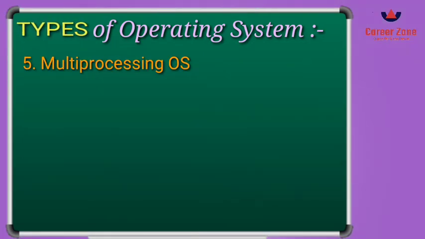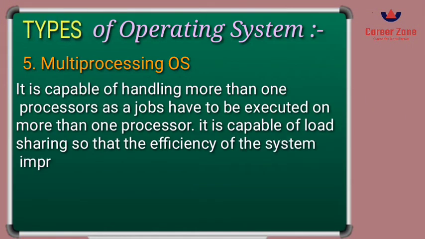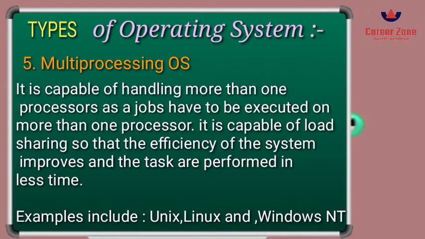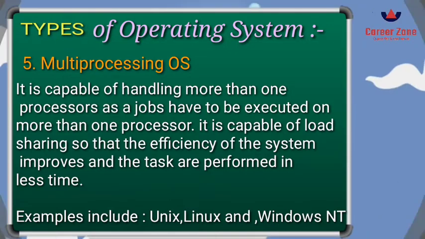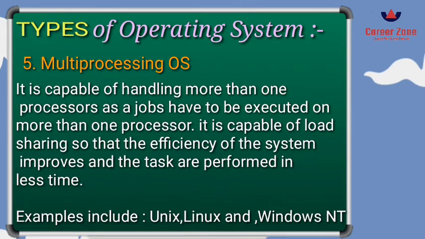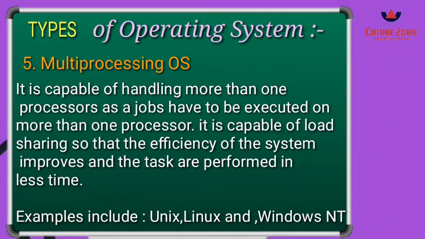The fifth one is a multiprocessing operating system, where the operating system is capable of handling more than one processor. There are many kinds of jobs which need to be executed. So the CPU divides the tasks between the different processors so that the efficiency of the system increases.